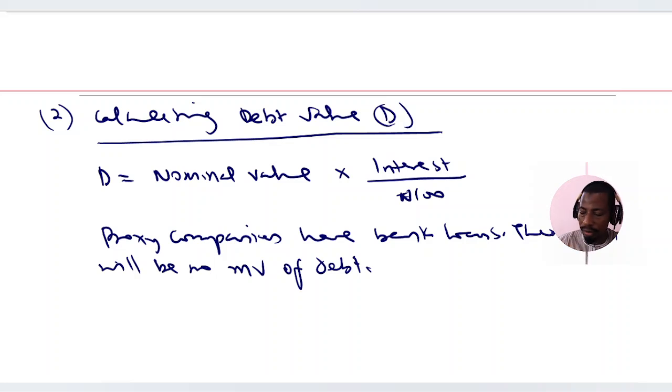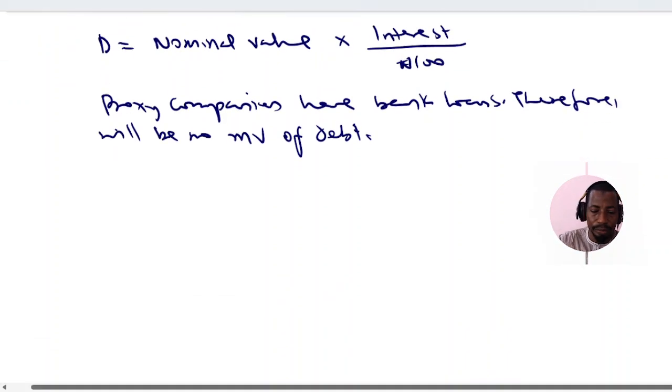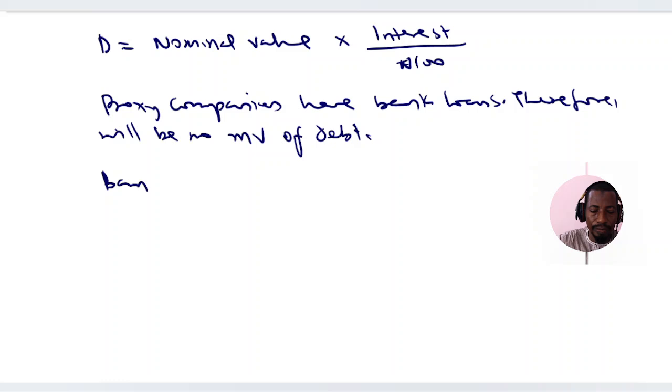In this case, the bank loans of the proxy companies will be added together. So the bank loan of Mississippi plus Limpopo plus Zambezi plus 9 will be added together.